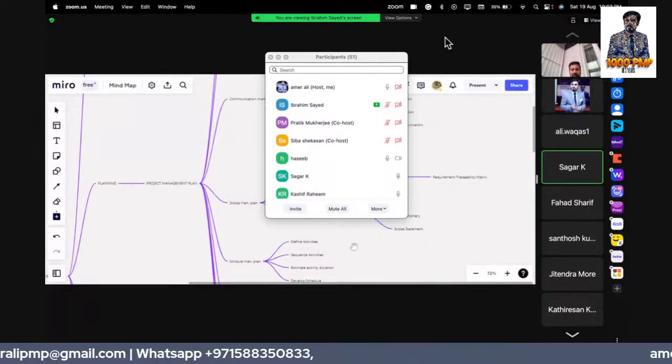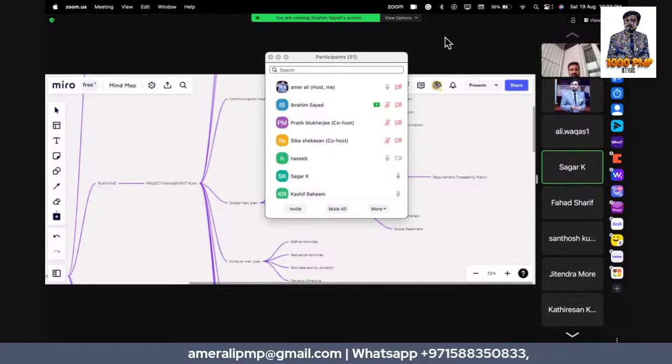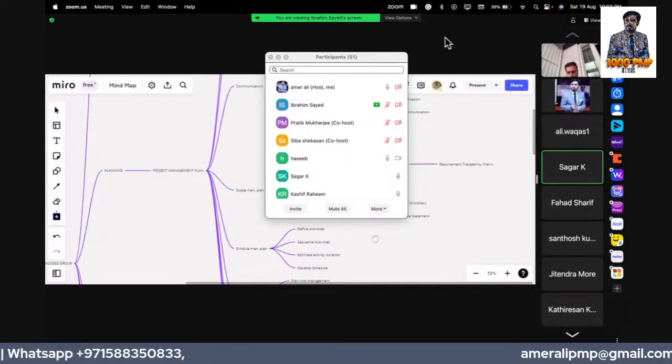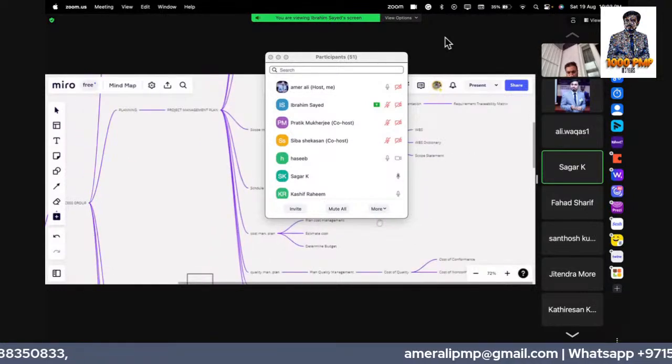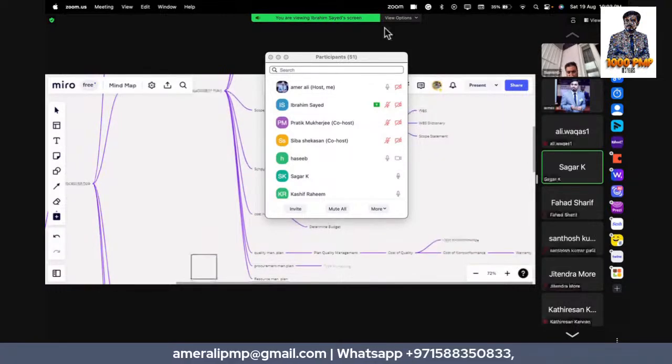Similarly, there are other baselines, like the schedule baseline and cost baseline. These are the three major baselines. And similarly, a similar classification for planning is done in schedule.